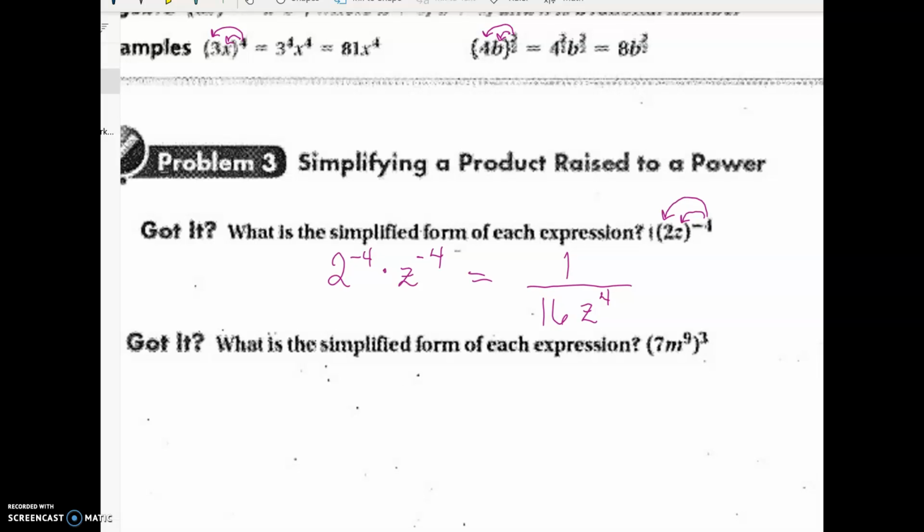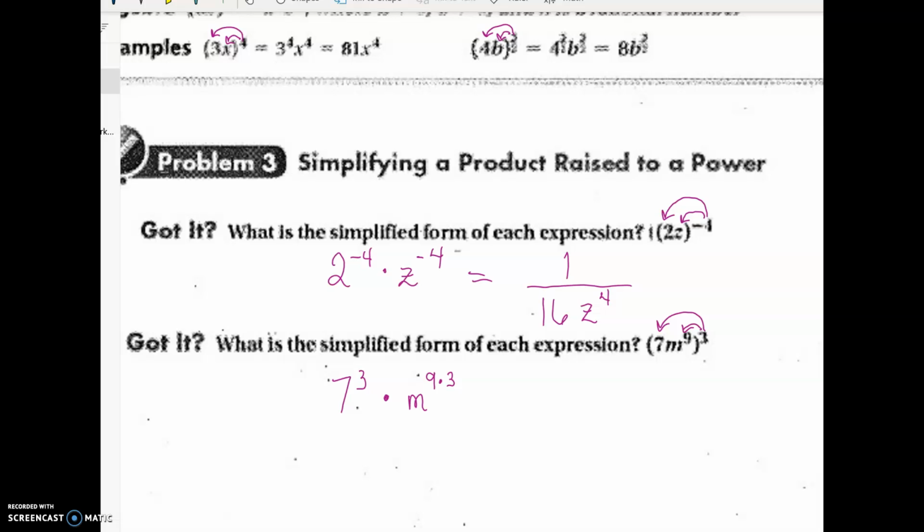Again, a little more complex. That 3 has to distribute to the 7, and then the 3 has to distribute to the m to the 9th. So think of this problem as 7 to the 3rd times m to the 9th, and then that whole value is raised to the 3rd, so that means we've got to multiply because it's a power raised to a power.